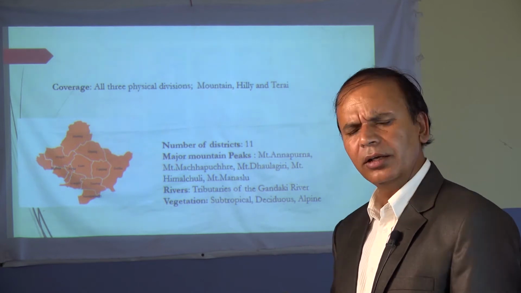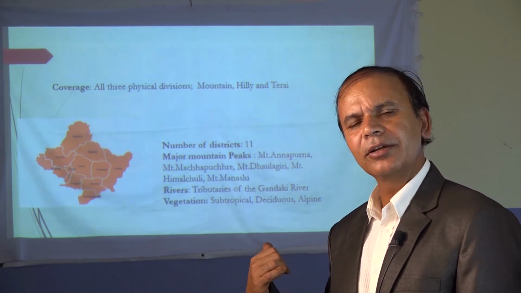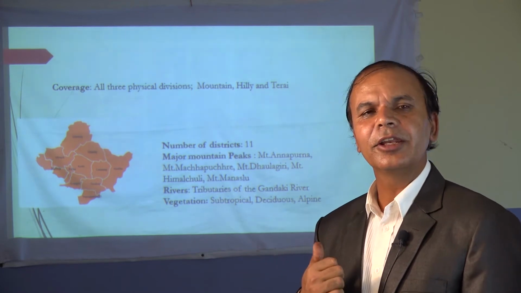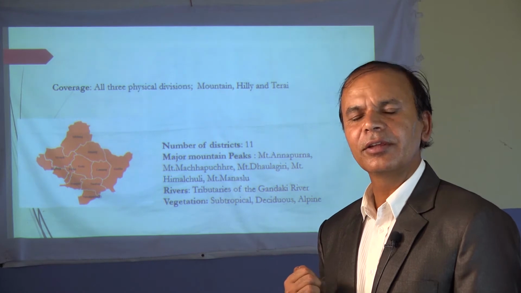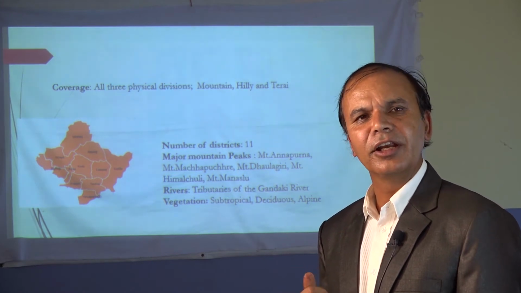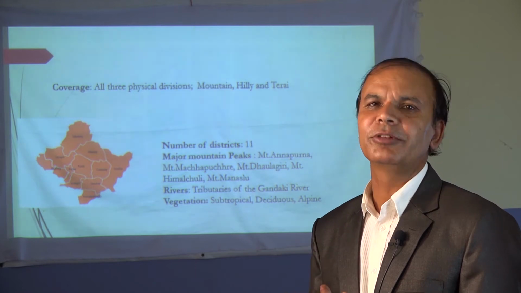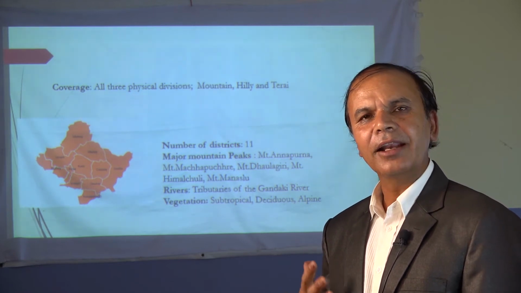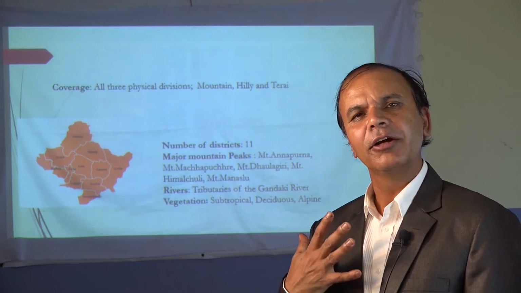Rivers: all the rivers of the Gandaki river system, tributaries of the Gandaki river. These are Seti Gandaki, Kali Gandaki, Budhi Gandaki, Marsyangdi, and Daraudi. These are the rivers that flow through or irrigate the land of Gandaki province.